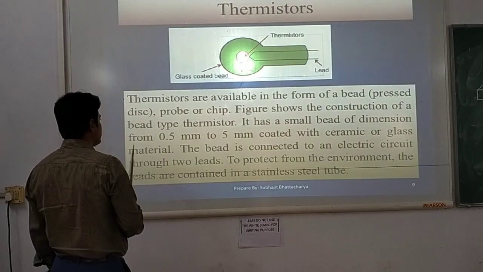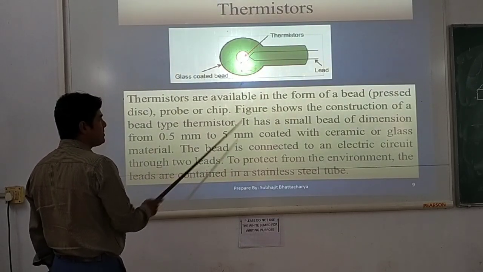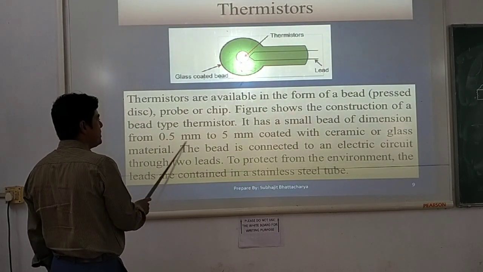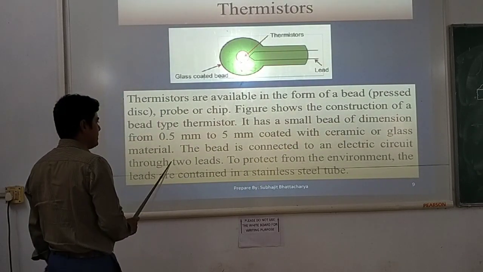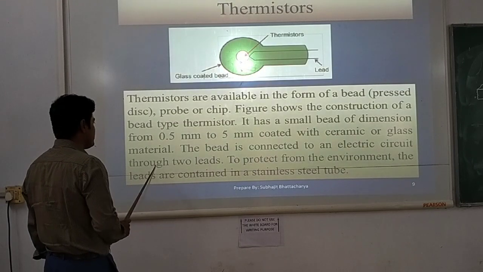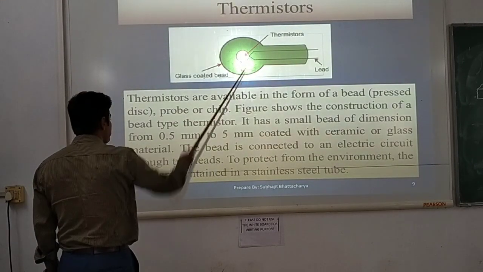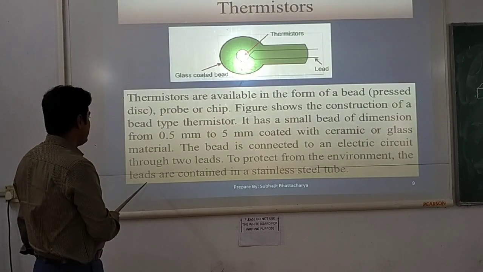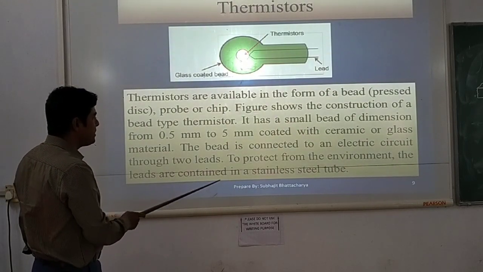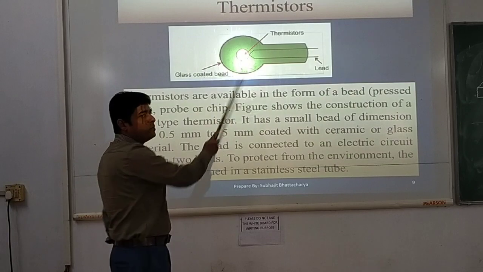The figure shows the construction of a bead type thermistor. It has a small bead of dimension from 0.5 mm to 5 mm, coated with ceramic or glass material. The bead is connected to an electric circuit through two leads. To protect from the environment, the leads are contained in a stainless steel tube.